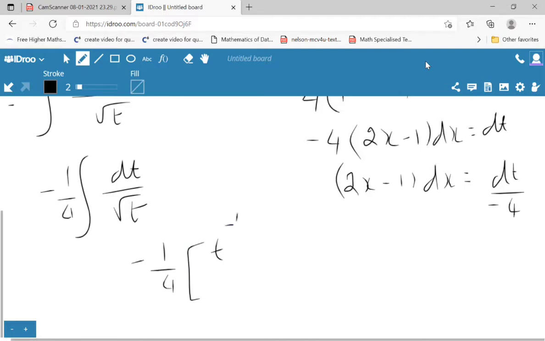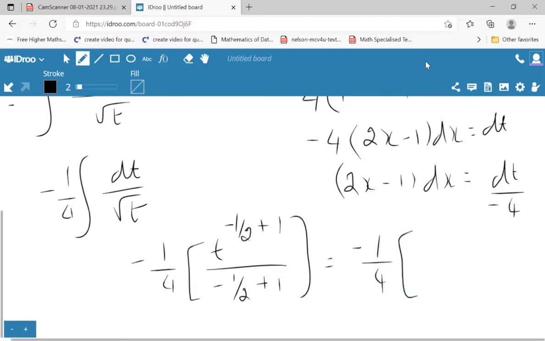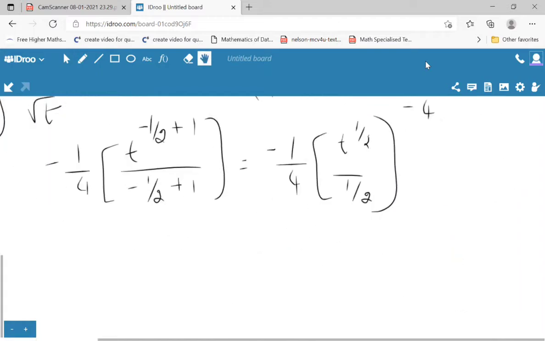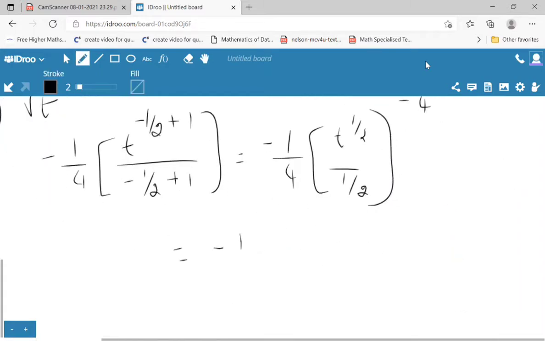So t to the power of minus half plus 1 by minus half plus 1, which is nothing but minus 1 by 4 t to the power of half by half, which is equal to minus of 1 by 4 into 2 into root t.